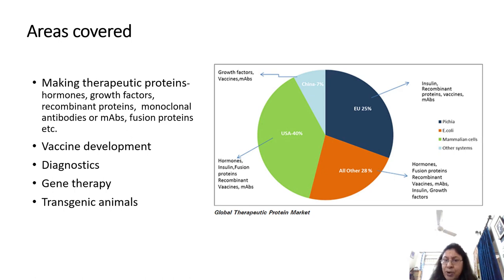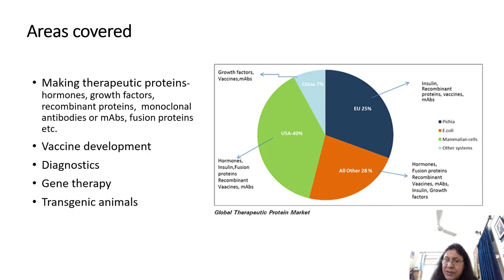And the light blue that you see here is all other systems, which could be, for example, Saccharomyces cerevisiae, or an insect cell line, or something else. In this particular chart, you will see that after the mammalian cells, E. coli as well as the yeast Pichia pastoris enjoy a large share in the total production of recombinant therapeutics.